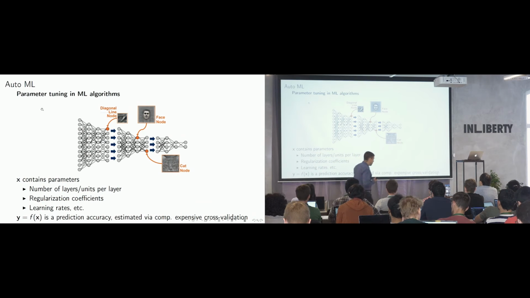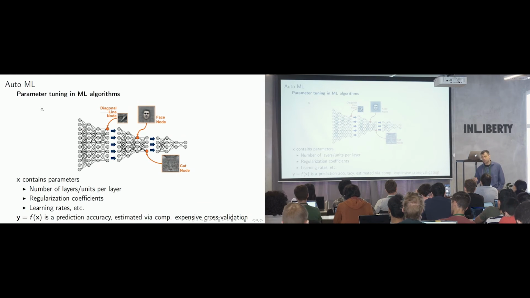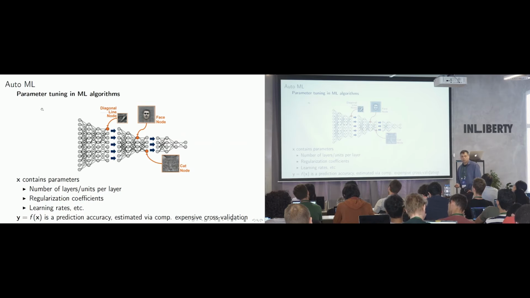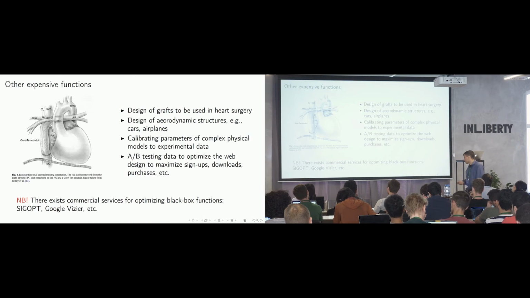Moreover, in this case, you can't even calculate numerically gradients of that performance with respect to these parameters, because many of these parameters are just discrete parameters. And so the question is how to optimize performance to achieve the best possible with respect to all possible values of hyperparameters.